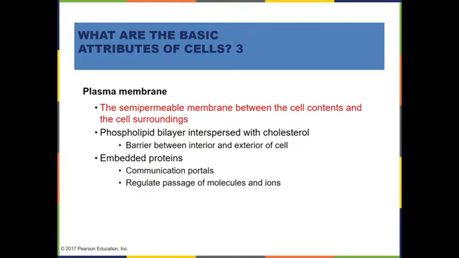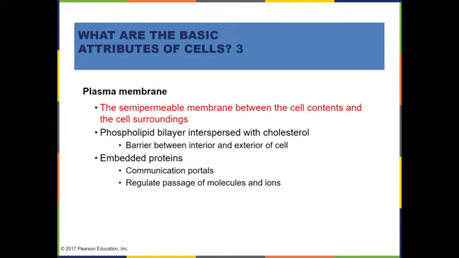Well, the main characteristic of the plasma membrane is that it's semipermeable. That semipermeable membrane structure means that it gets to decide what comes in and what stays out, what the cell takes in or what it expels, and it's made up primarily of phospholipids, which are a type of lipid molecule that have a phosphate head.